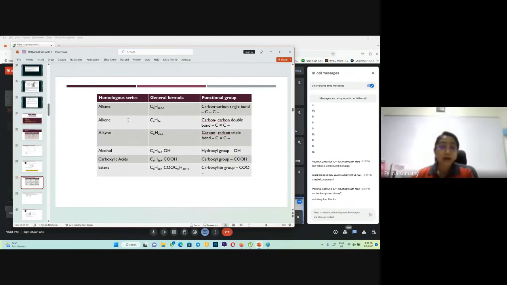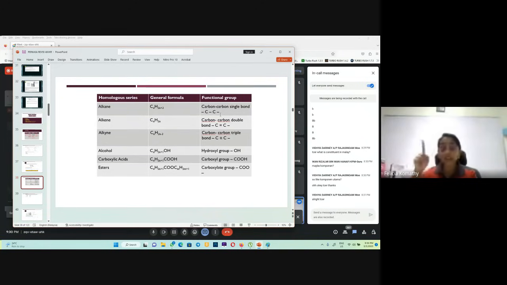Okay. Now, where did I stop? Alkane, alkyne. So when you write your general formula, don't give the value of n. For ester also, don't give the value of n and m. Just write as it is. And then you must know the functional group. If the question asks you to name the functional group, make sure you write carbon-carbon single bond for alkane.